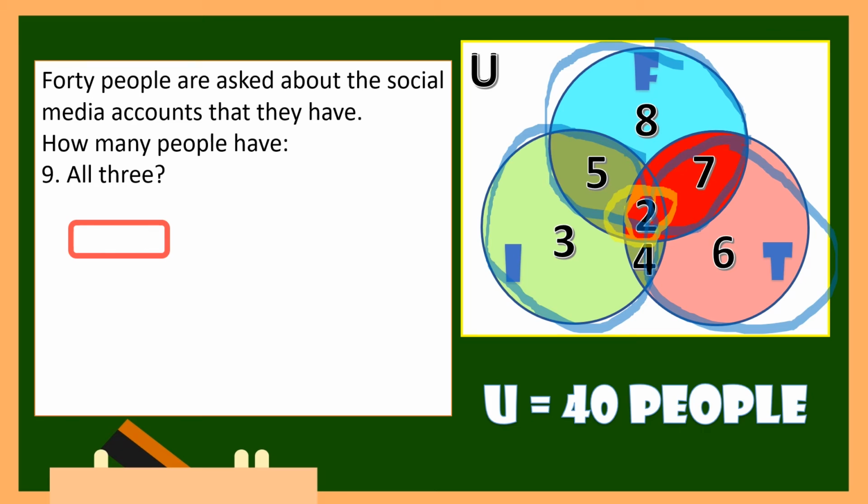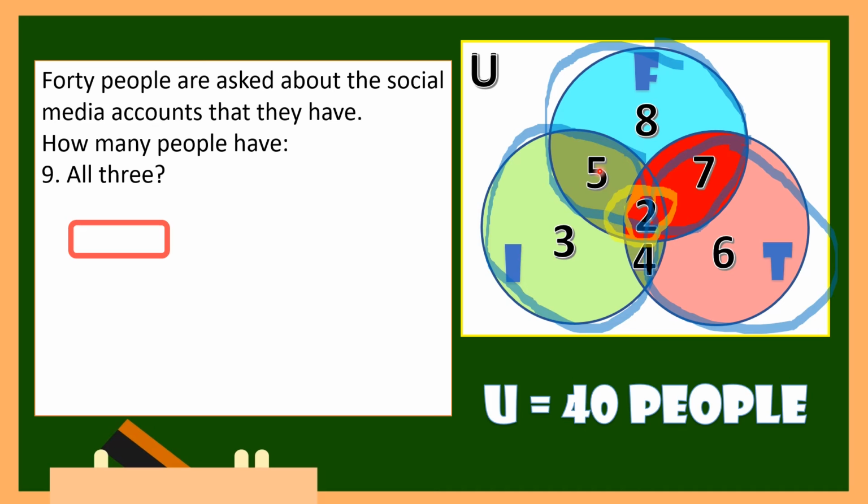Simply, 2. So, bakit 2? Since, as you can notice, yung 2 is part ng Facebook. Yung 2 is part ng Instagram. And yung 2 is part also ng Twitter. So, ibig sabihin, lahat ng dalawang participants na to ay may Facebook, Twitter, and Instagram.